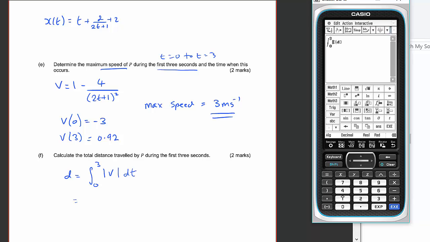And the v was 1 take away 4 over (2x plus 1), and that's squared. And we're doing that with respect to x, and that gives me 2.29, correct to 2 decimal places.